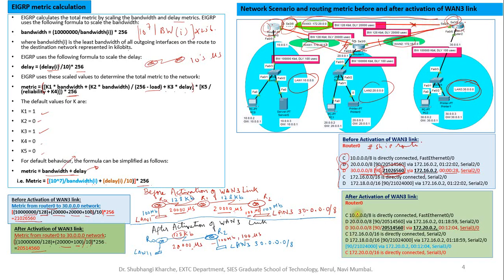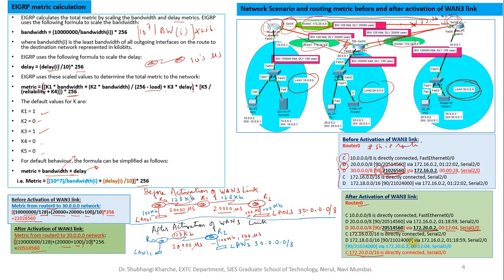So the EIGRP router R0 will update the entry for the 30. network using the WAN 3 link, which has the metric of 20514560, and this 30. network is reachable via the next hop 172.20.0.2 and via the serial 3/0 interface.